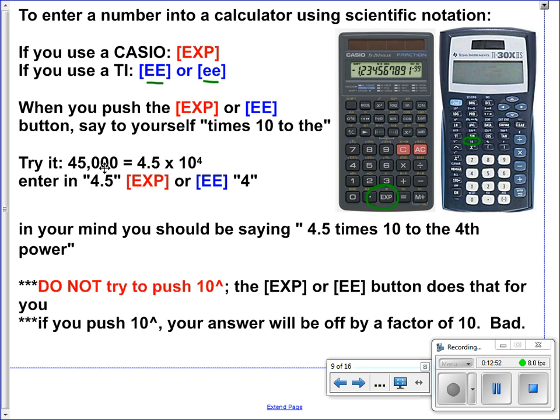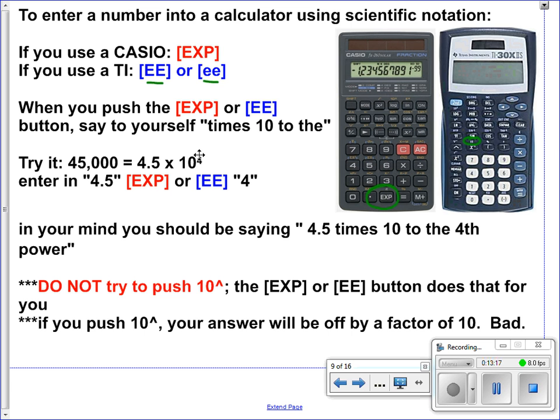We know that 45,000 in standard form is expressed as 4.5 times 10 to the 4th. I want you to see that on your calculator, if you enter this in correctly, it'll show up as 45,000. So what I want you to do is, with your calculator, type in 4.5 and then press EXP or EE, depending on what type of calculator you have.